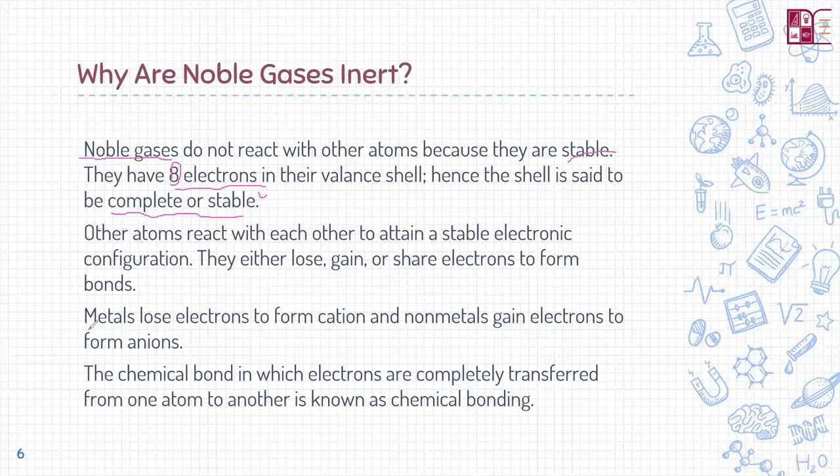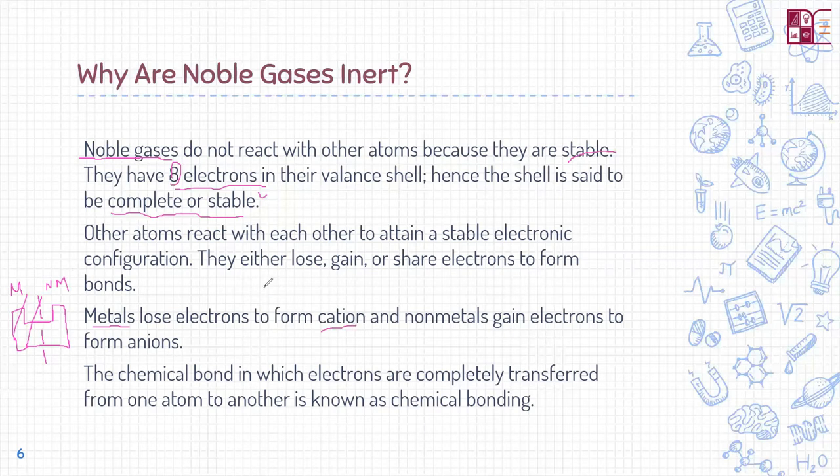And metals lose their electrons, they form cations. The metals are present on the left hand side of the periodic table, this side, right? So this side is for metals, this side is for non-metals. The left hand side is for metals, and they are going to lose electrons to form cations.